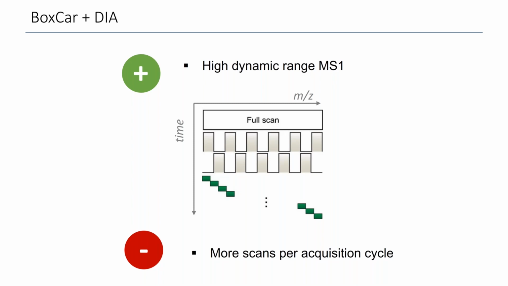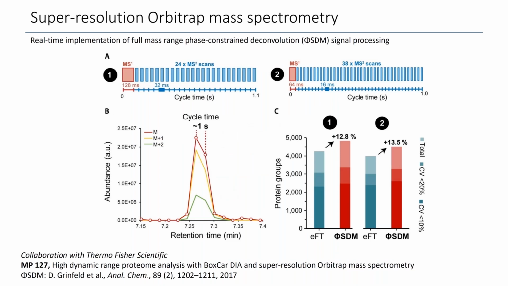To overcome this problem, we turned to a new technology developed by Thermo Fisher Scientific, super resolution Orbitrap mass spectrometry with a technology termed FAISDM, which stands for phase constrained deconvolution signal processing method. And there is a poster on this if you're interested in the details.